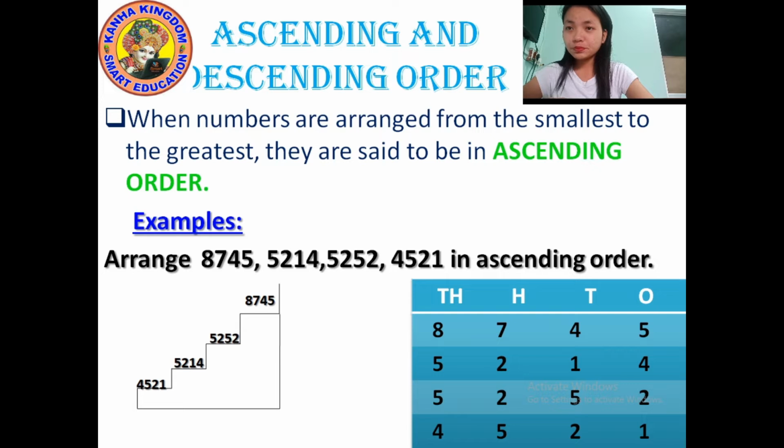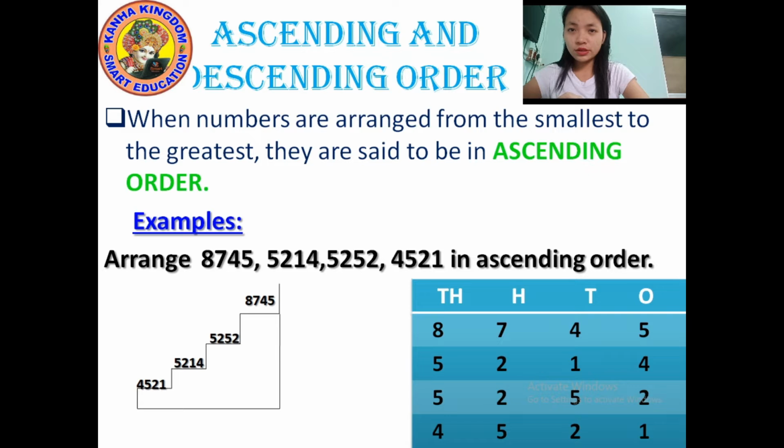After comparing the numbers in the 1000 place, I see that 8000 is more than all of the numbers, so I place 8745 as the greatest number.